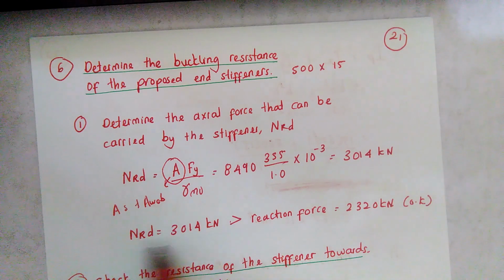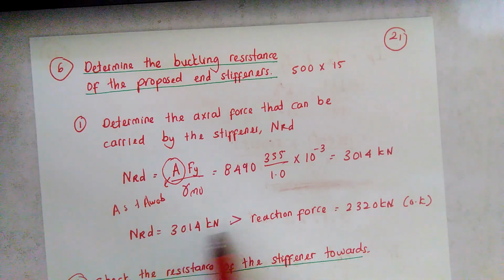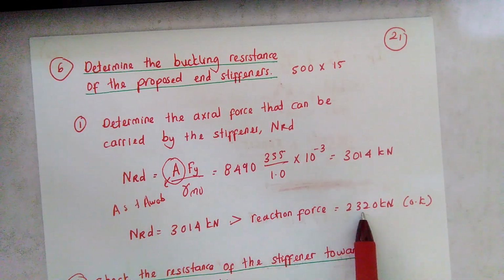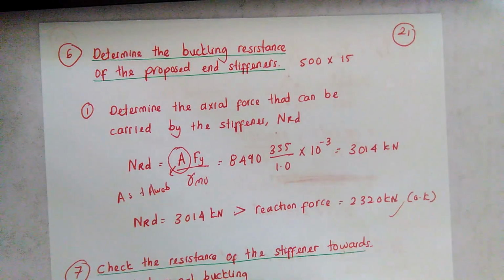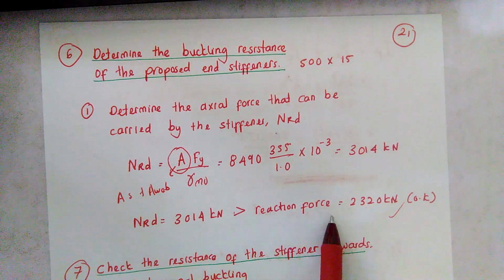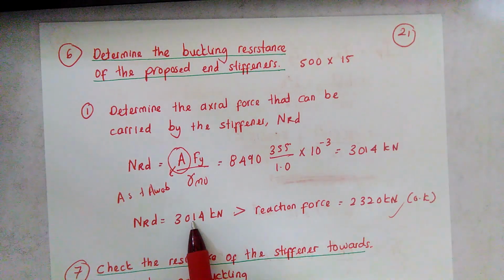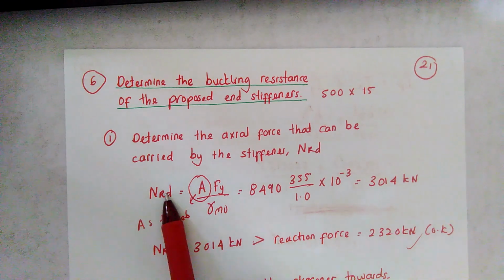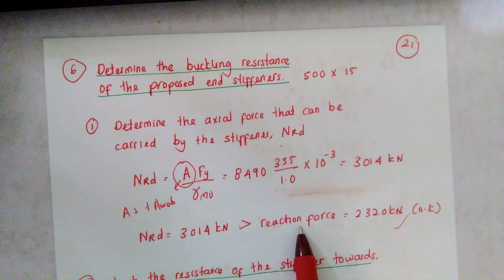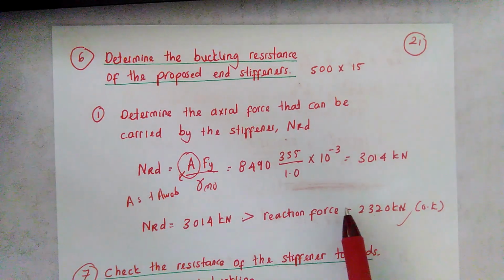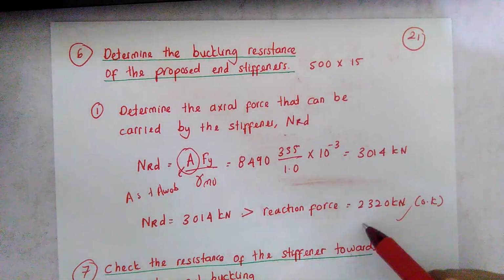The capacity of the stiffener itself is larger than the force, which is 2320, which means it's okay, because we cannot have the reaction force larger than the capacity. We always have to make sure that the capacity, which is nRD, A Fy over gamma m0, must be larger than the reaction force that we design for the plate girder. So in our case, it is satisfied.